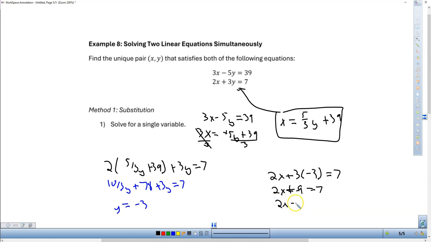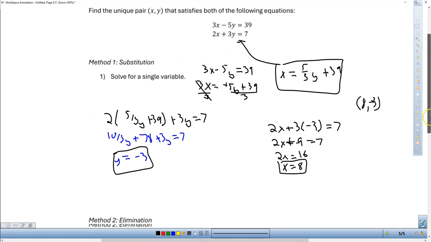Then we get 2x is equal to a positive 16, x equals 8. And so we would get y equals negative 3 and x equals 8. If we write that as an xy pair, that would be (8, negative 3).